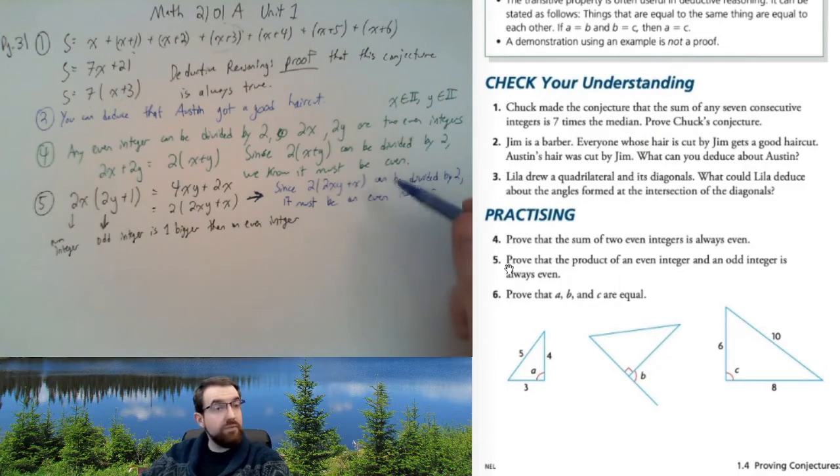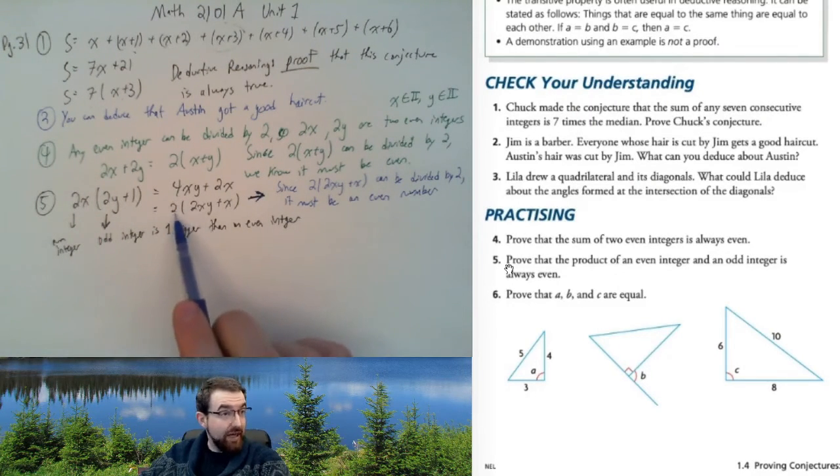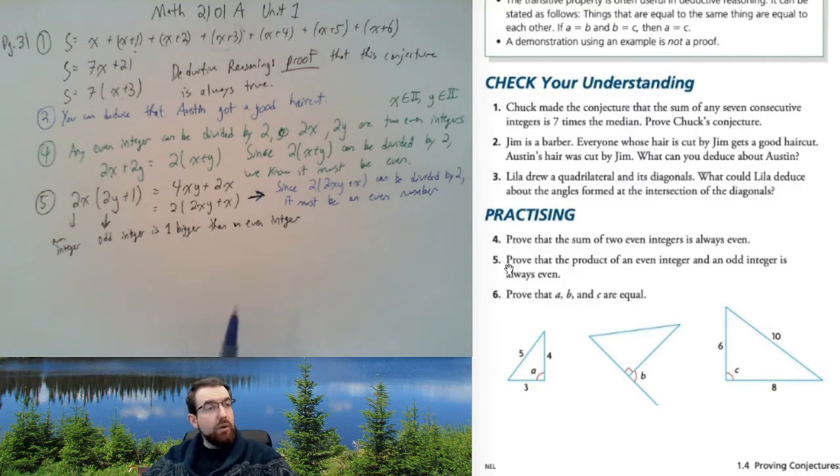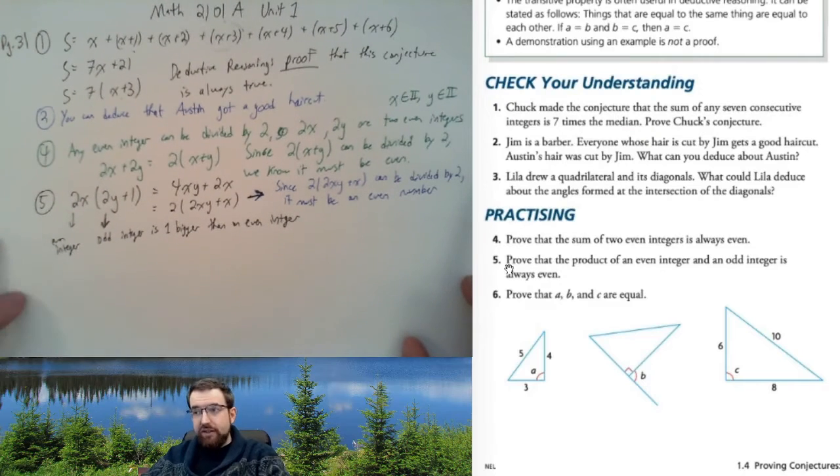Since 2 outside of 2xy plus x can be divided by 2, it must be an even number, right? Because of this 2 on the outside, right? So that's basically how we would go through and prove these things, right?